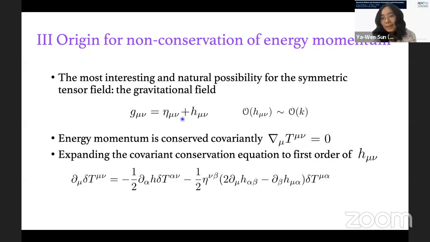So when h mu nu is a small quantity, we could expand this covariant conservation of the energy momentum tensor. And the expansion looks like this. On the left-hand side, we see this partial mu delta T mu nu, and on the right-hand side, we see these terms proportional to this graviton field. And this produces non-conservation terms for this partial mu delta T mu nu.